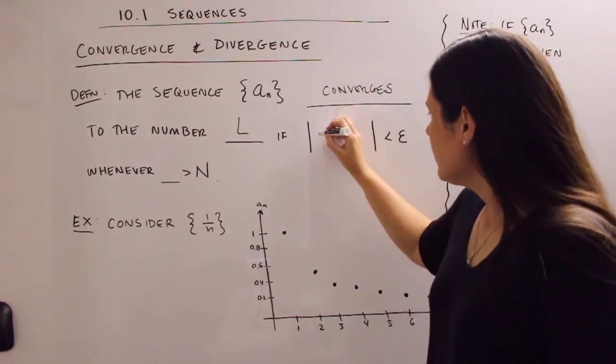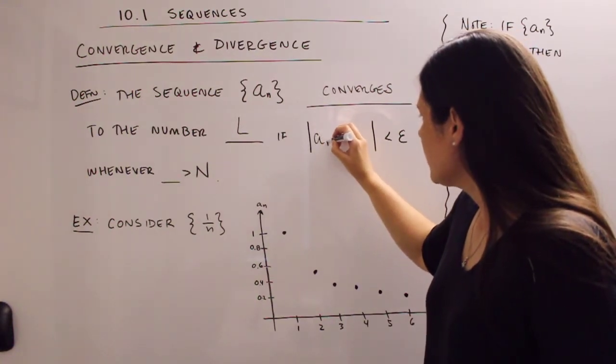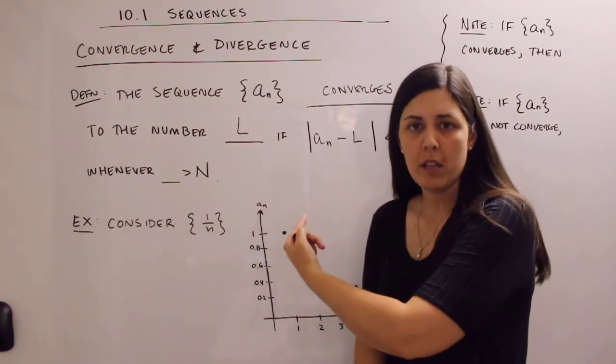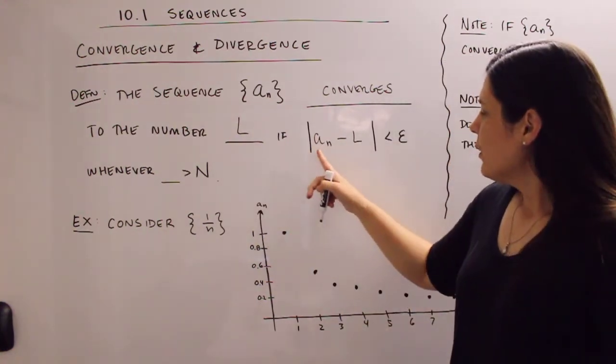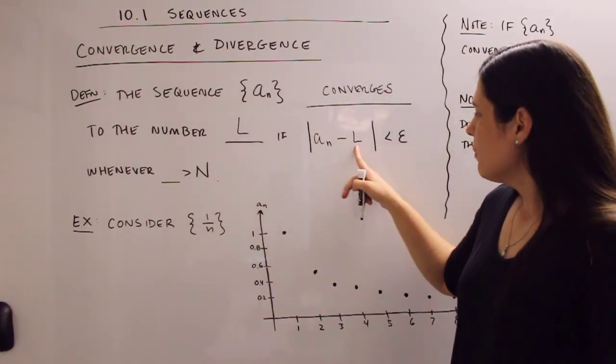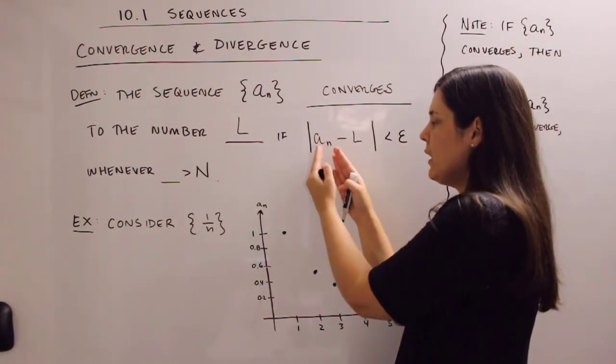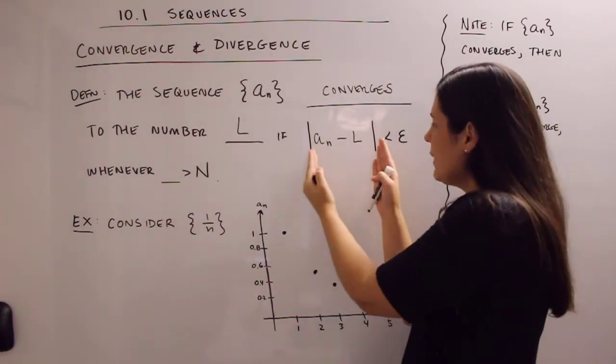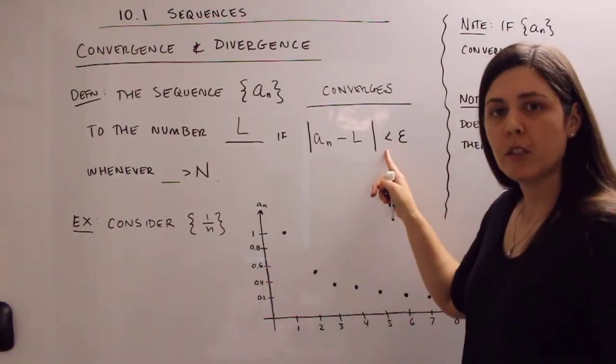And so the distance is going to be the distance from a sub n to this approached value L. So if the absolute value from a sub n to L, or the distance between our term and this L number, if that distance is small enough, that's what this is saying.